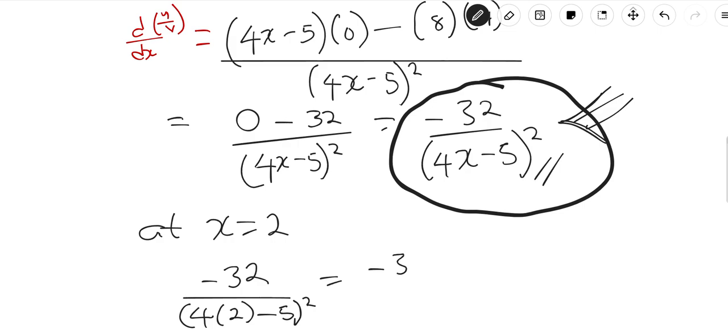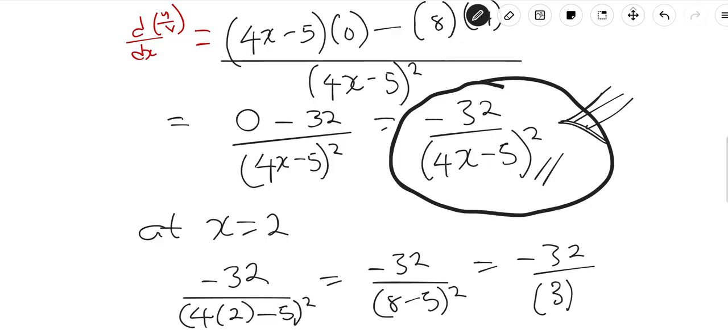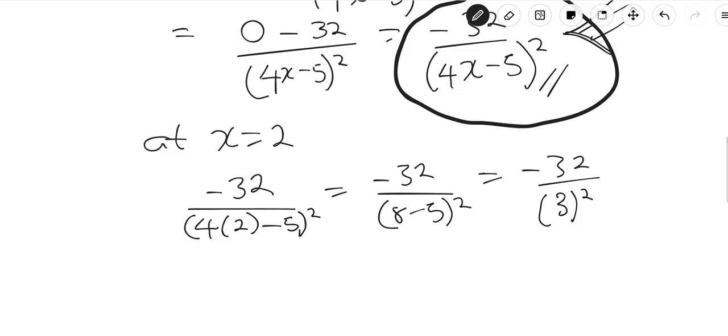And this is negative 32 divided by 8 minus 5, which is 3, all squared. And that's going to give you negative 32 divided by 9, which is the same thing as saying negative 3 and 5 over 9.